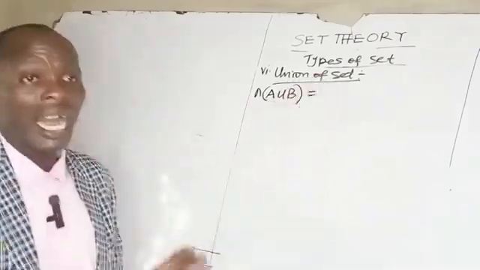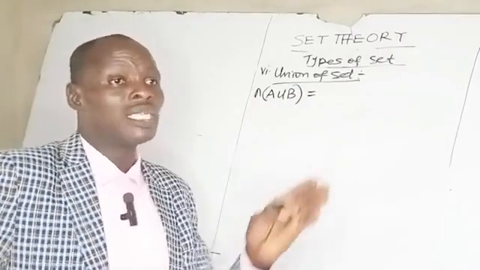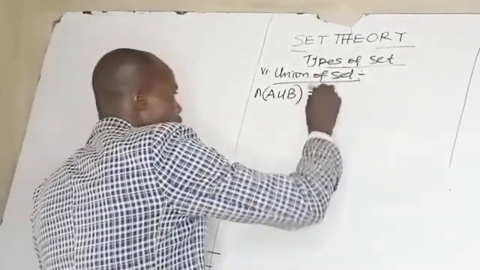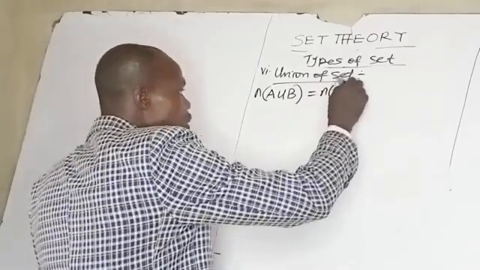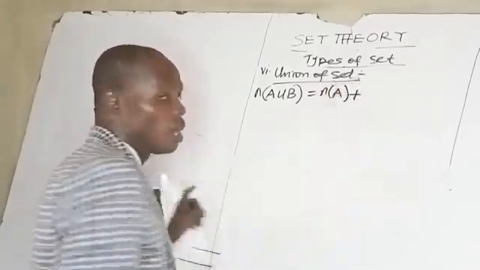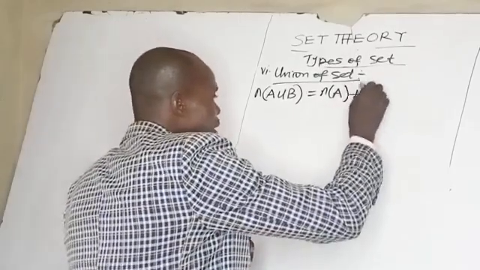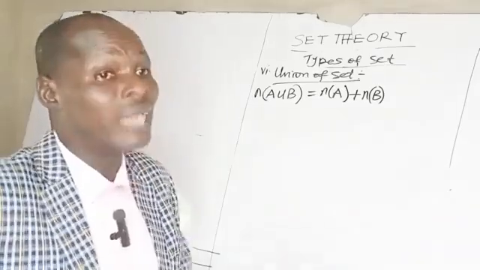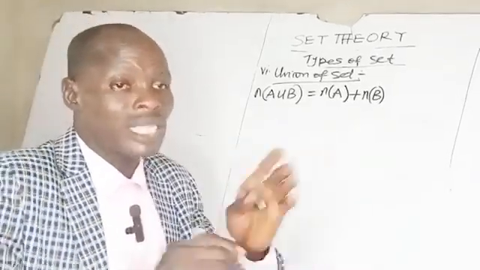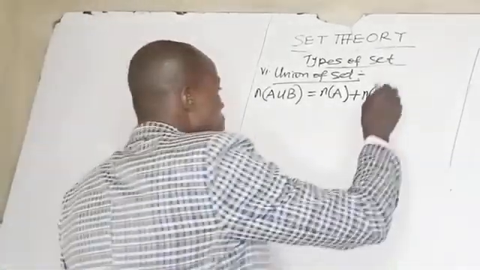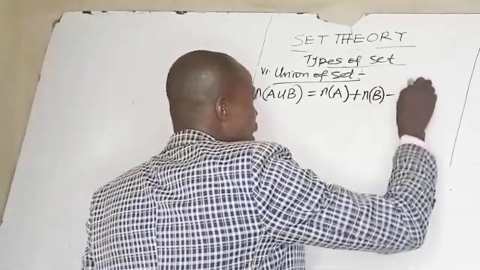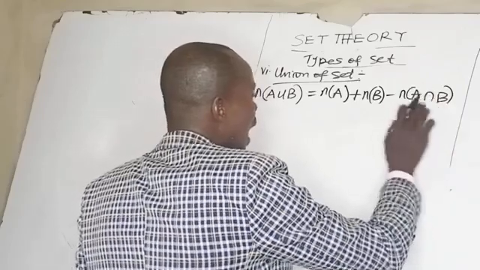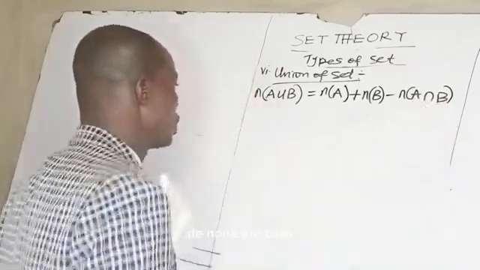We say it is a single set that contains all elements of set A, all elements contained in set B, or both sets A and B, minus the number of elements in A intersection B. This symbol is used to denote intersection.